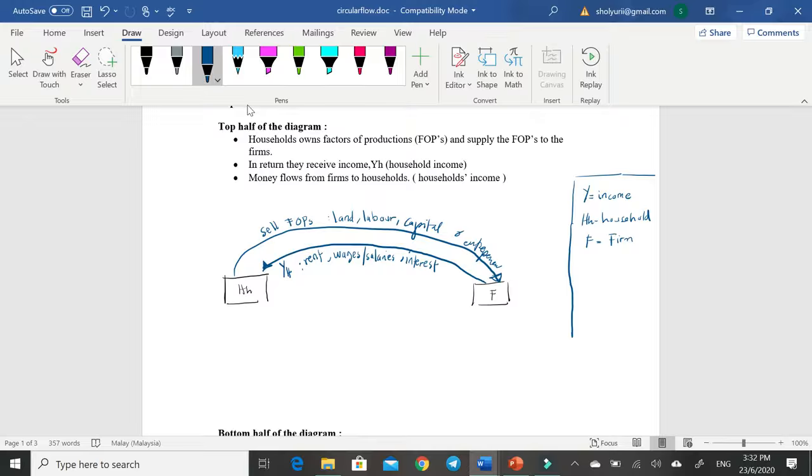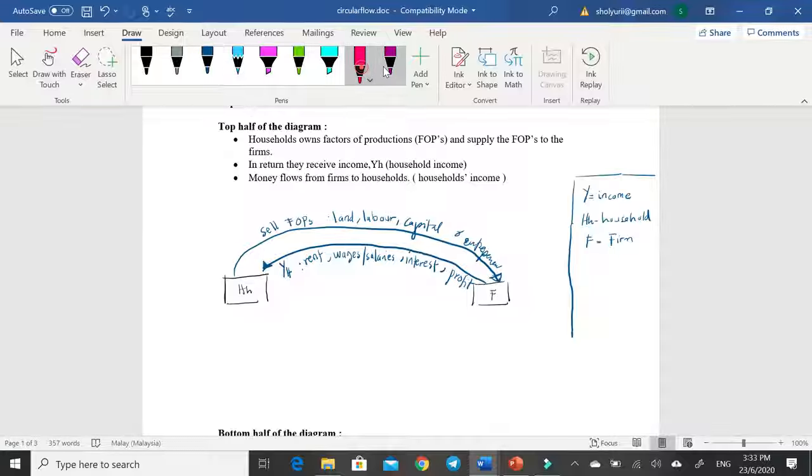So penjualan all natural resources, bayaran dia kita panggil sebagai rent. And entrepreneur adalah usahawan kan. So kalau entrepreneur lend their skill to the firm, they will get profit. So this is the name of the payment of the factors of production. So you need to memorize this, right?